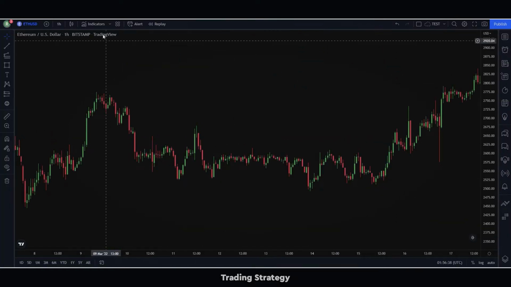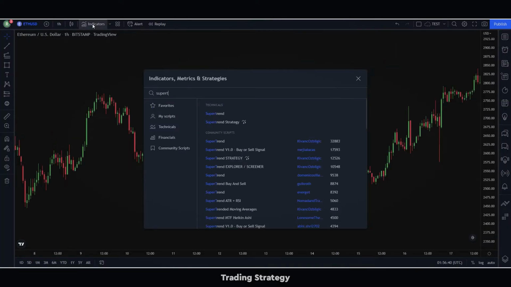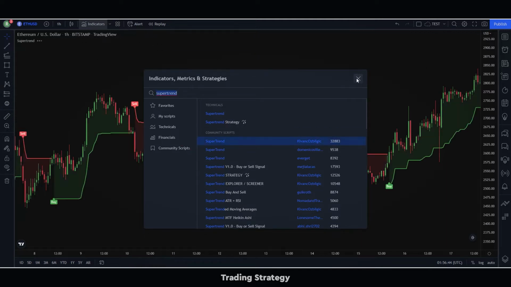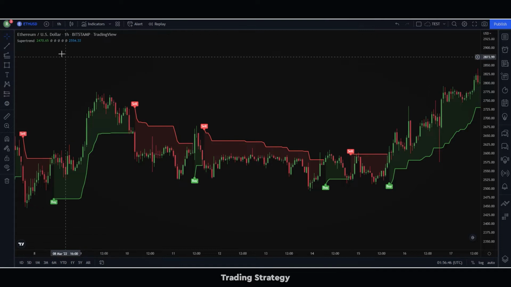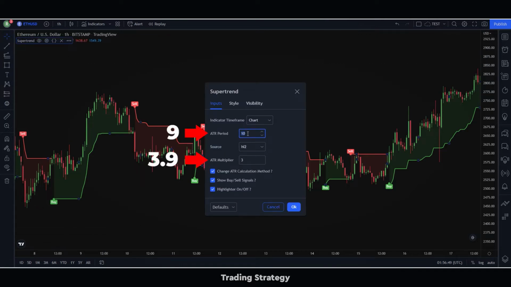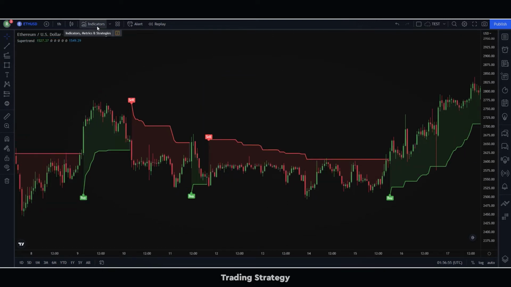The first thing we will have to do is select the super trend indicator. We will put this indicator with a parameter of 9 and 3.9. After this, we will select the QQE MOD indicator.